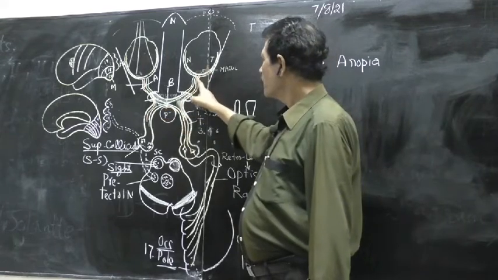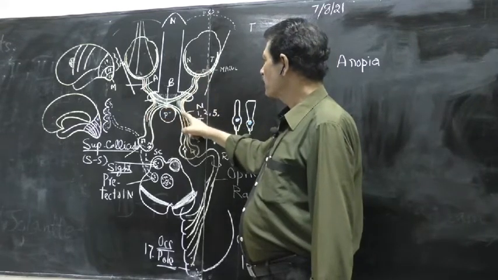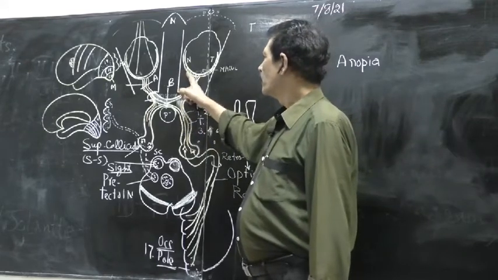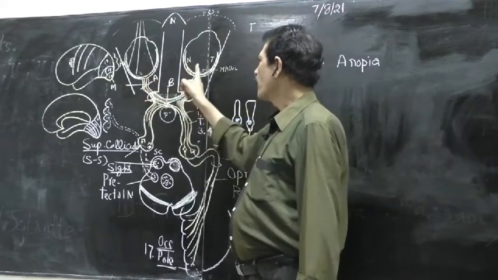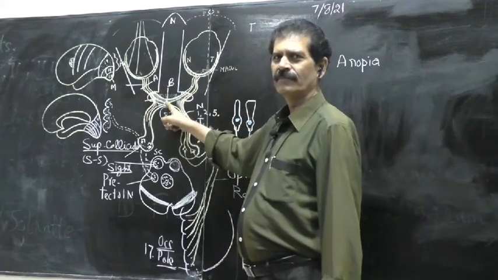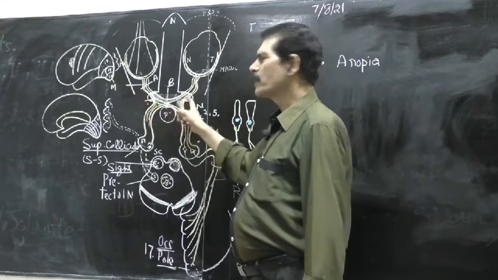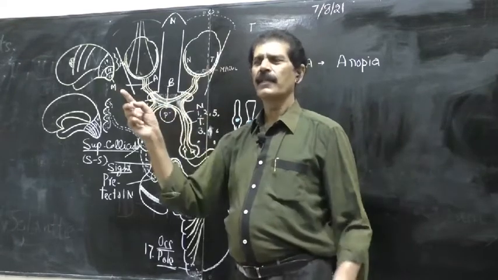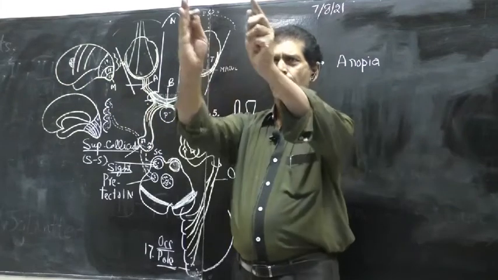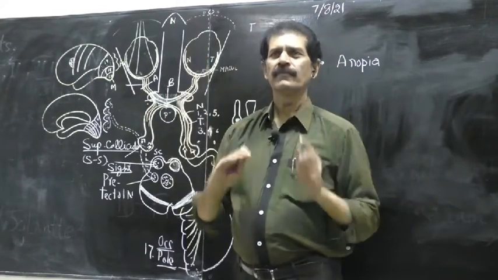The temporal vision is okay because it is not crossing. So both eyes have loss of the nasal vision, but the temporal vision of both eyes is preserved. So the patient can see from the temporal side, but he cannot see in the straight way.